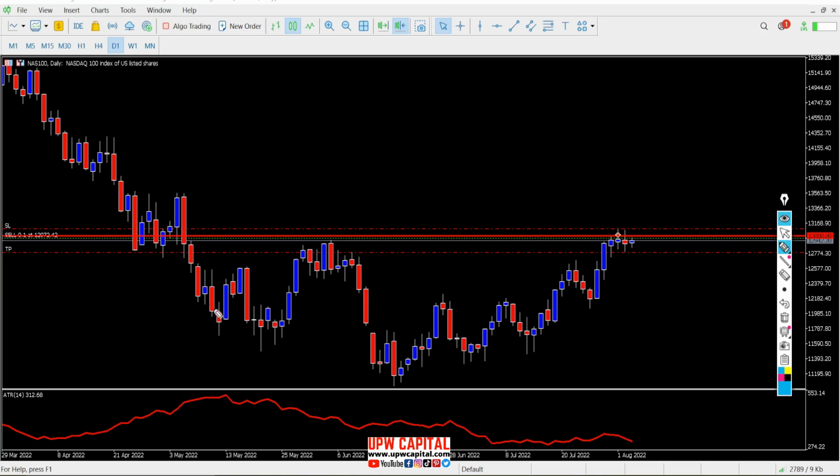Now, if you look at this point, and this point, there's a term called stop hunting or liquidity concepts. So this is how one can profit. Generally, there are orders which are placed around this level.